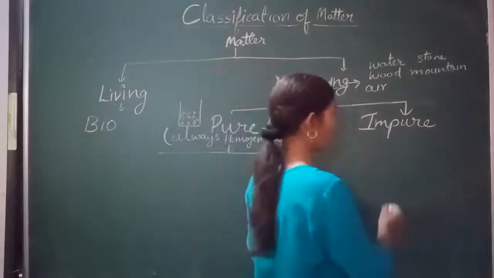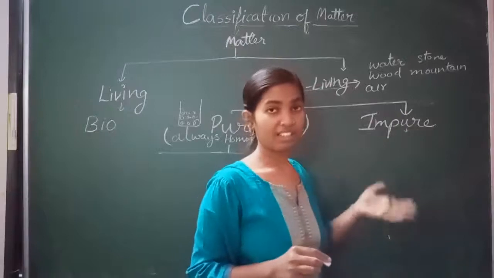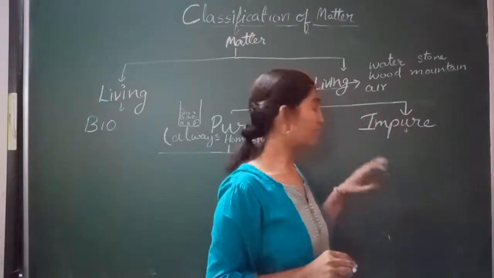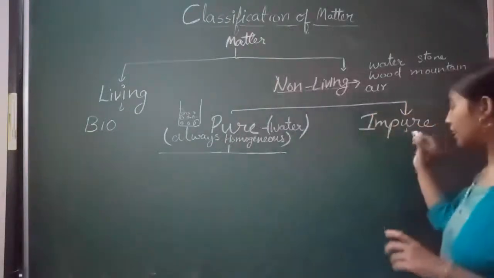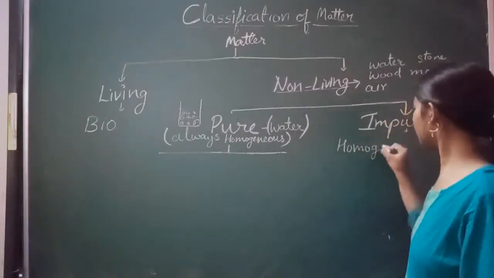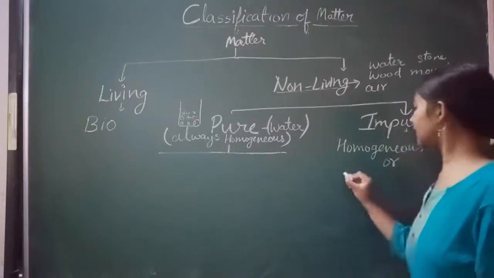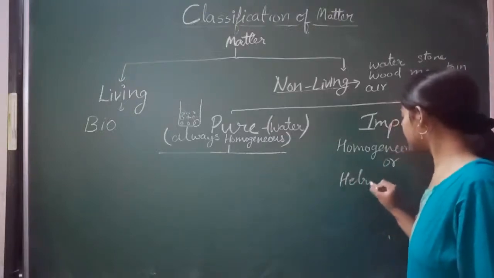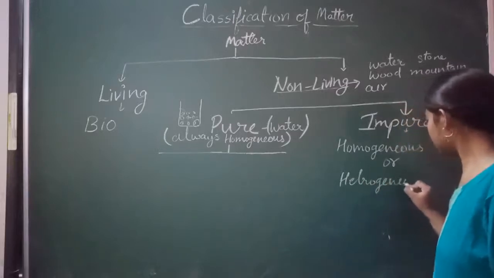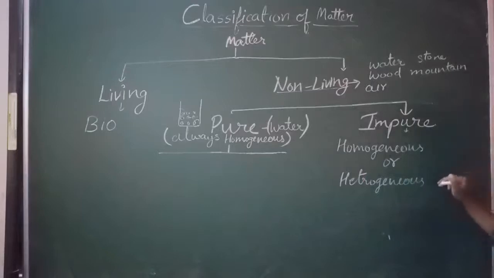Now come to impure. Impure means some impurity is mixed in it. This impure substance can be homogeneous or it can be heterogeneous, both are possible.